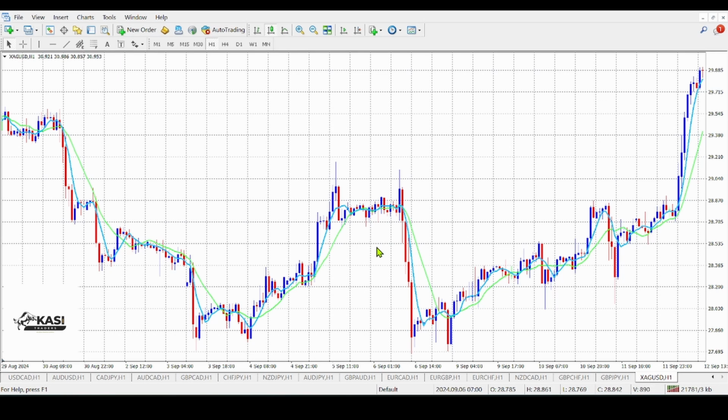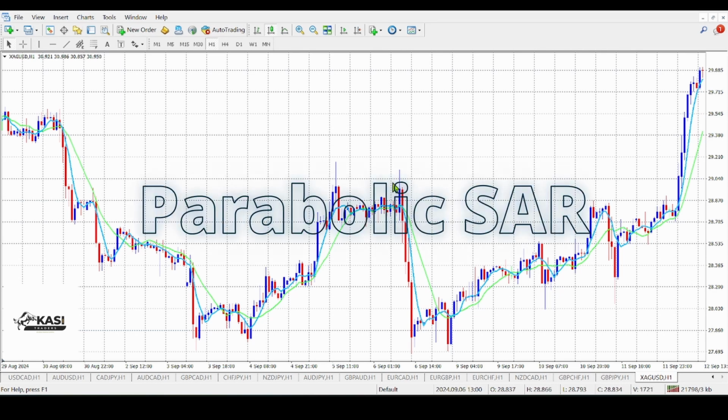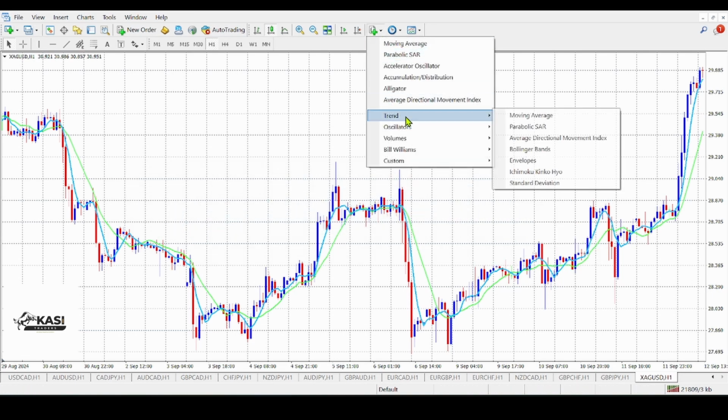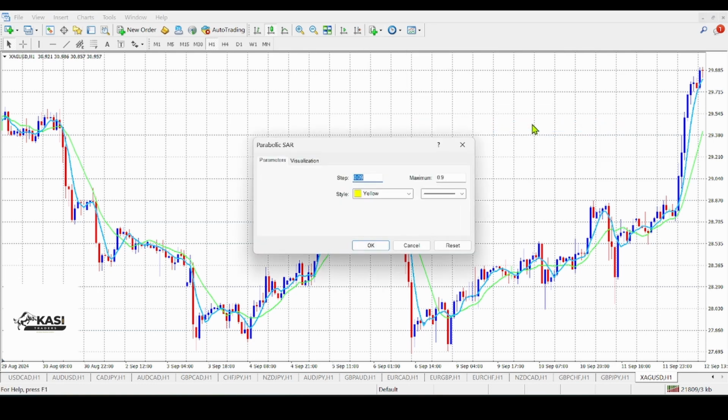Now the second indicator that we shall be using is called the parabolic SAR. To add the parabolic SAR, let's head to indicators, then trend, and you will be able to see the parabolic SAR. Now let's make changes here.